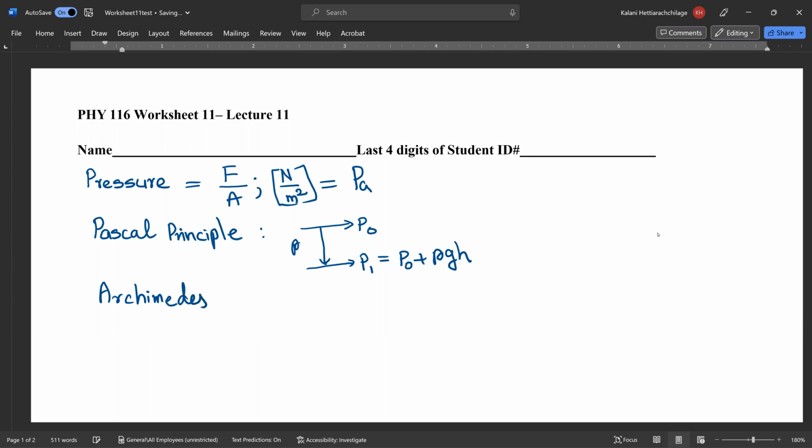Okay, so the Archimedes principle is a way that you can talk about the buoyant force, right? Or else we call it the water displacement rule.